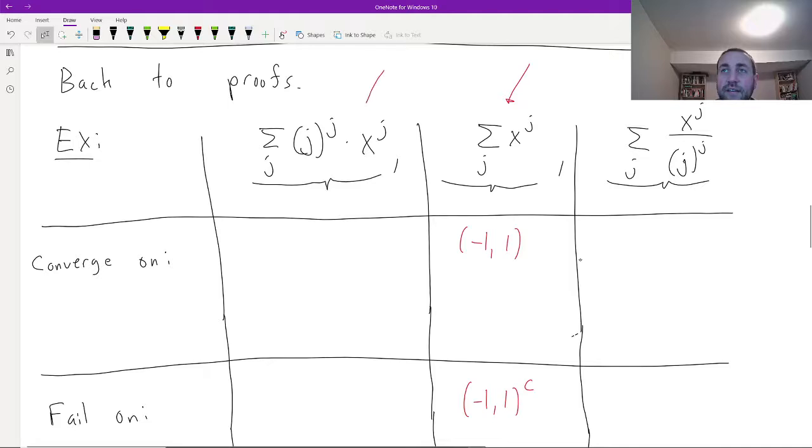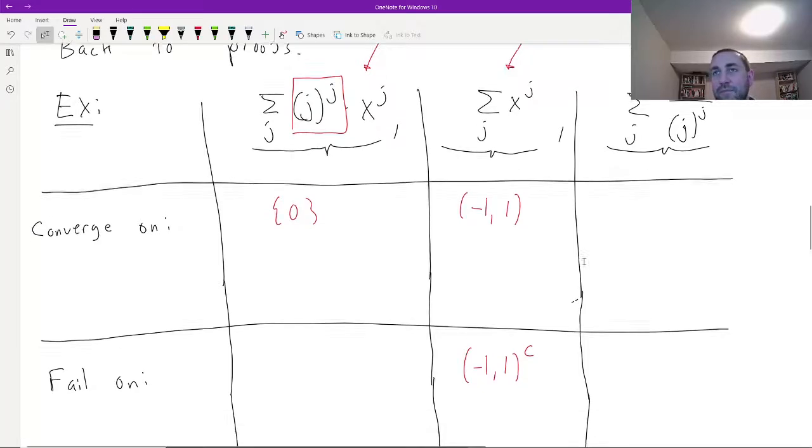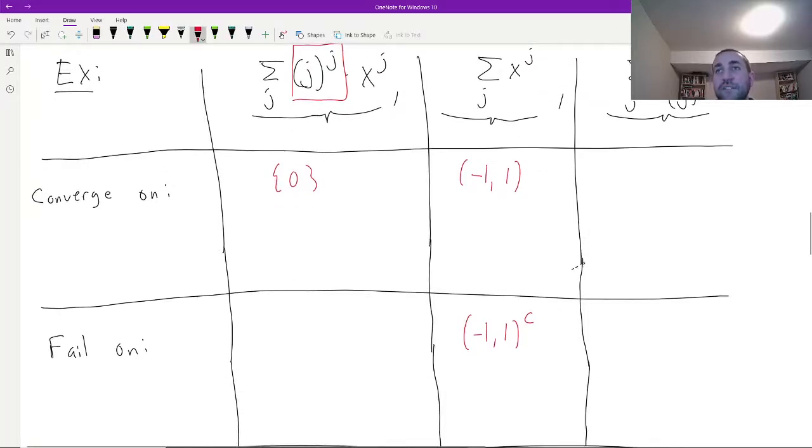This first series here, we take the same series except we multiply all of the terms by this enormous number j to the j. And certainly this converges on the set {0}, right? If x is 0, then you're just summing 0 many, many times. And it turns out it actually fails to converge everywhere else. To see why that's true, imagine that we have some number x with absolute value of x greater than 0.